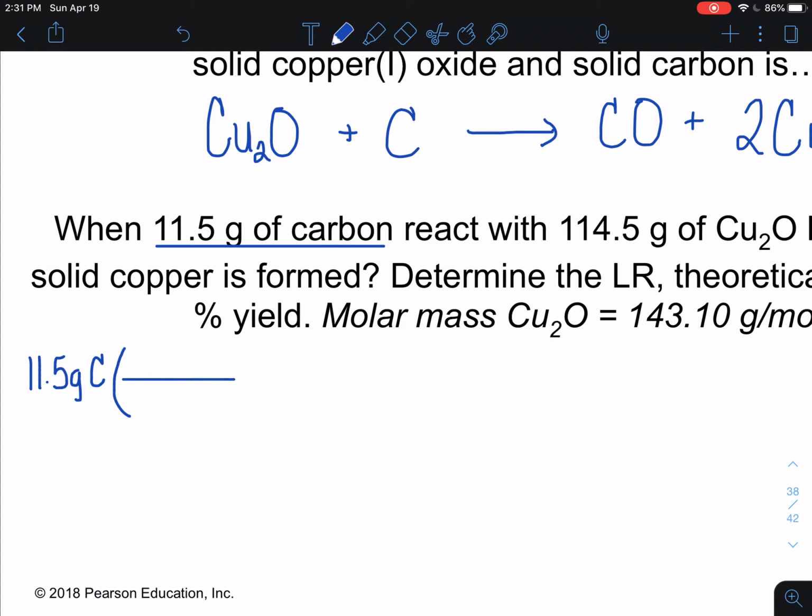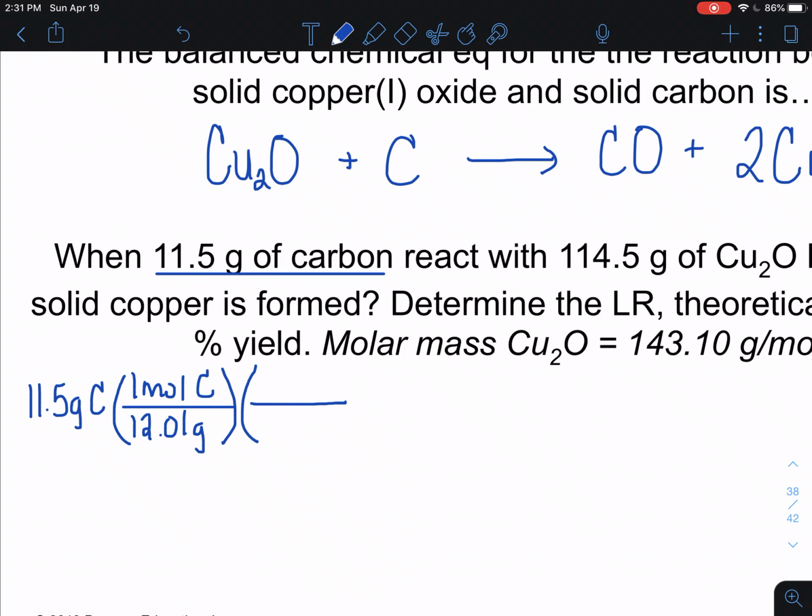So for every 12.01 grams of carbon for every 1 mole. And now that we're in moles, we can take the coefficients from the balanced chemical reaction. So every 1 mole of carbon, we get out 2 moles of Cu2O.